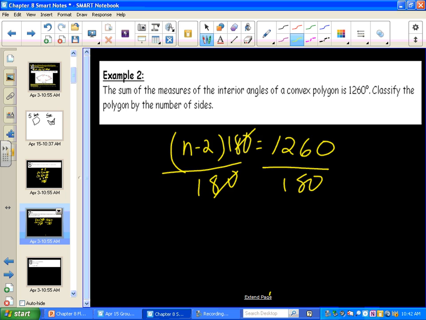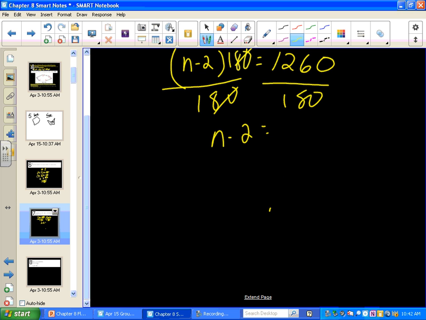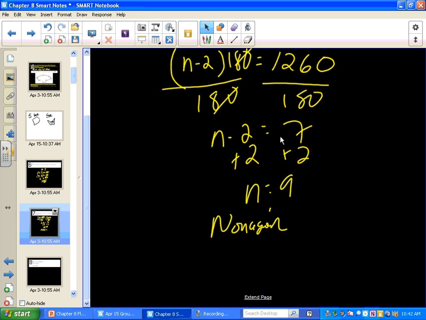And we get n minus 2 equals whatever 1260 divided by 180 is. What is it? 7. Add 2 to each side, so n equals 9. What type of polygon do we have? A nonagon, very good. Keep in mind, once you get up to like 13 sides, 14 sides, we just call it like 14-gon, 15-gon.